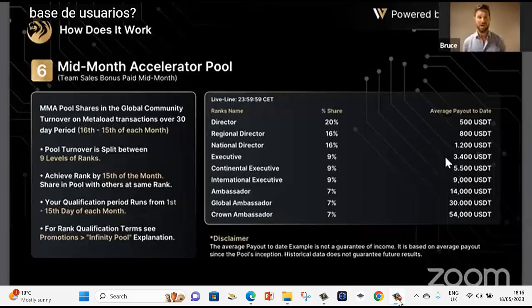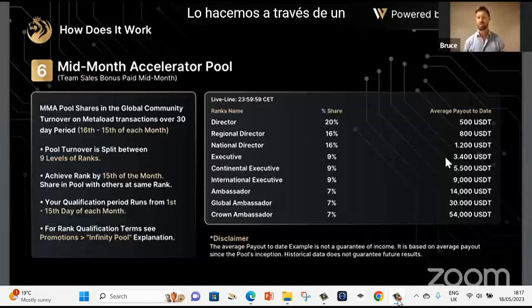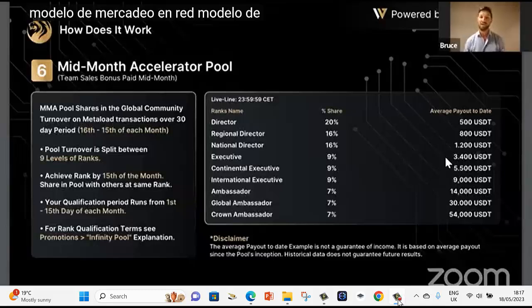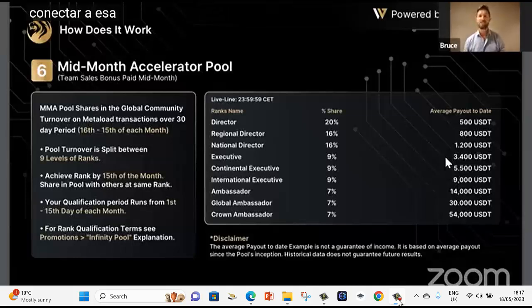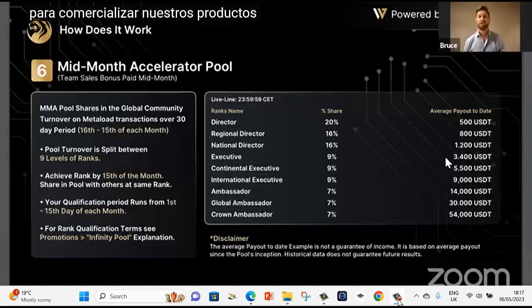We then also have a mid-month paycheck, which we call the mid-month accelerator pool. This allows us to track total sales within your sales structure. So what do we mean by sales structure? We have set up our structure to allow you to train others, mentor others, and open different countries, cities, and territories in order to move more and more product.